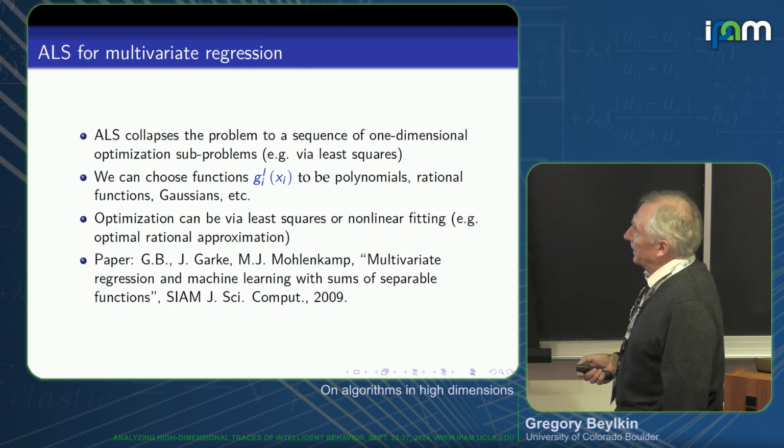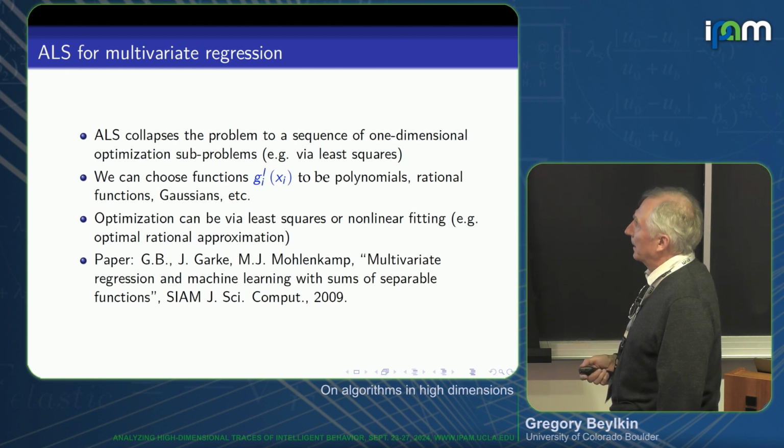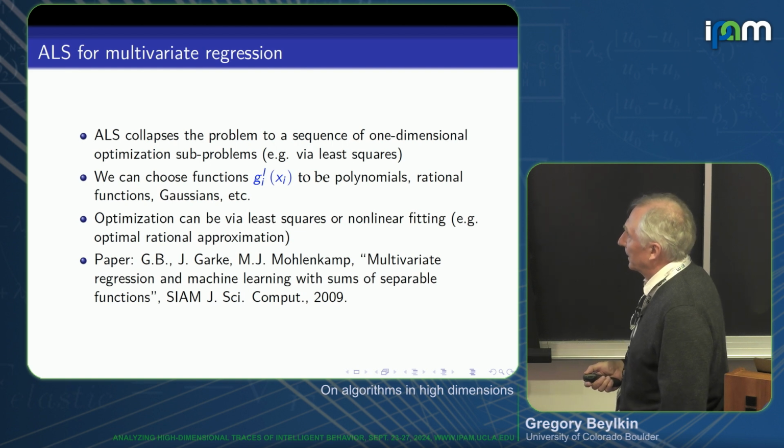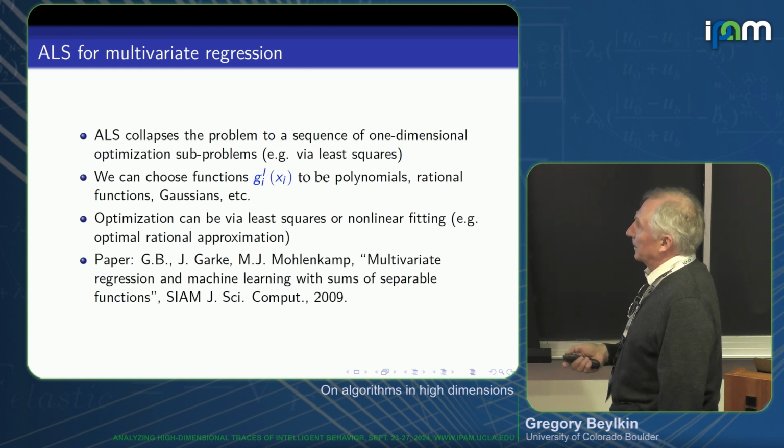So for regression, ALS collapses basically the problem to a sequence of one-dimensional optimization problems. For example, least squares. But you can do other things. Your functions can be polynomials, can be rational functions, can be Gaussians, can be whatever you select, can be wavelets. So it can be multi-resolution.